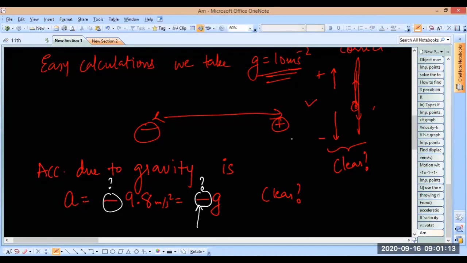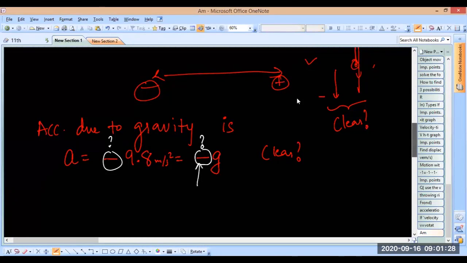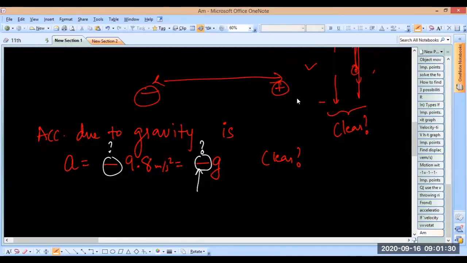Well, see, everyone, listen to this carefully. Now don't answer it. All right, I got what you're saying. This minus sign is actually indicating the direction of acceleration. People, it is not indicating direction of the ball.